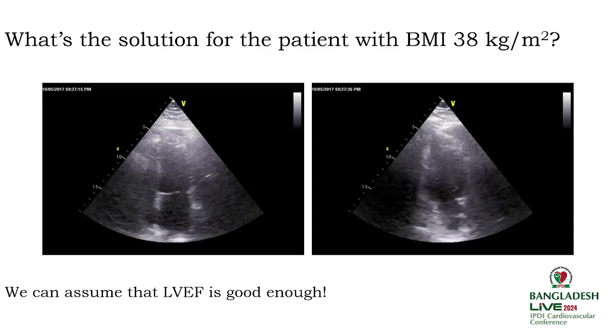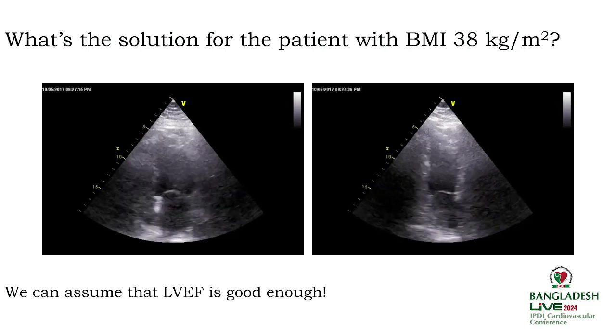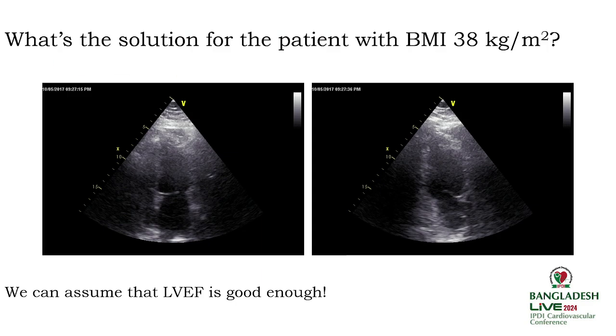The endocardial border delineation and the window are so poor that I have to virtually rely on my common sense that as the visible left ventricle is contracting well, going inward, most probably the ejection fraction is a good one. But if you ask me what is the number, sorry, I cannot mention any number.